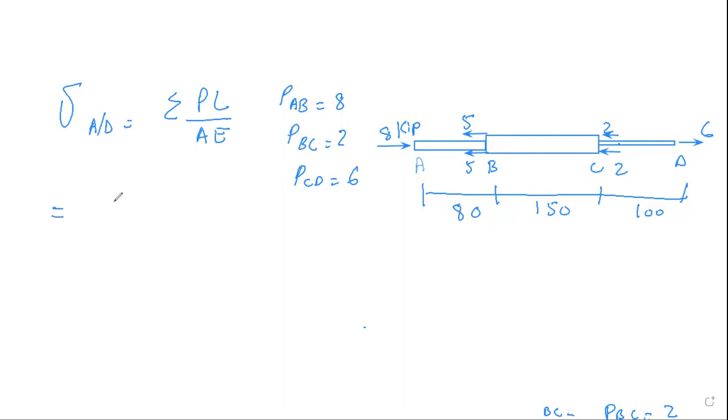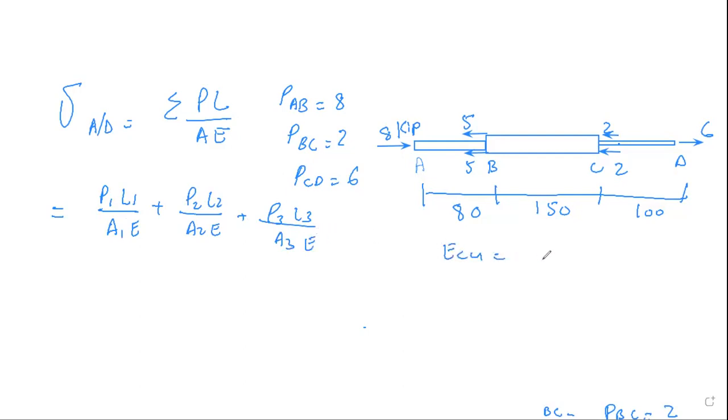Now in this formula we have 3 different terms: P1 L1 over A1E, because E is constant, then P2 L2 over A2E, plus P3 L3 over A3E.